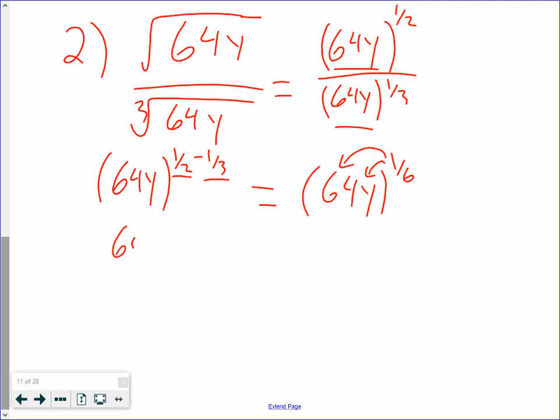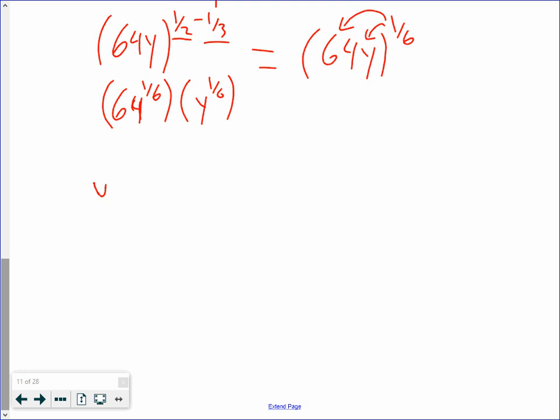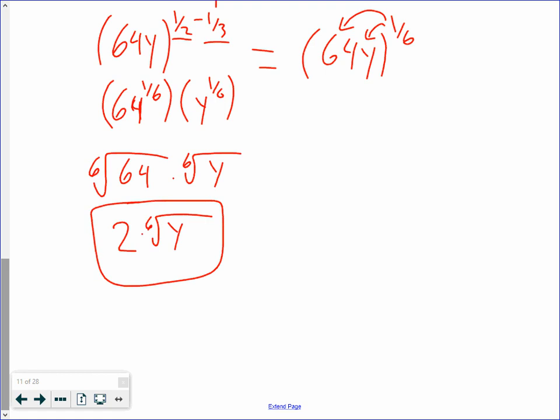So we get 64 to the 1/6 times y to the 1/6. And we can rewrite the 64 to the 1/6 as the 6th root of 64 multiplied by the 6th root of y. And the 6th root of 64 is going to give us 2. 2 to the 6th power gives us 64. So we have 2 times the 6th root of y.